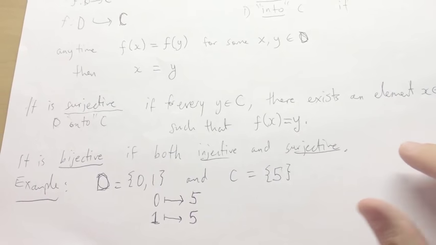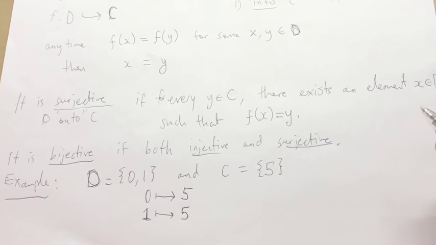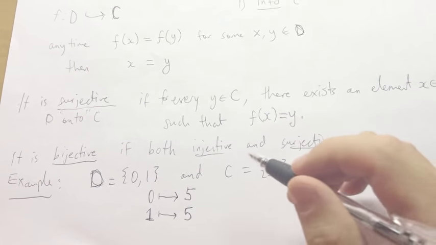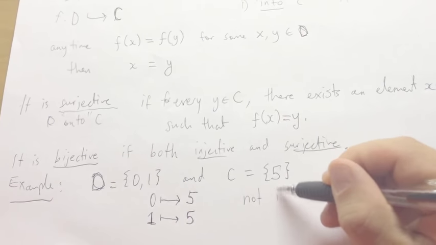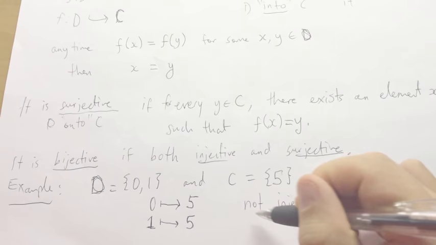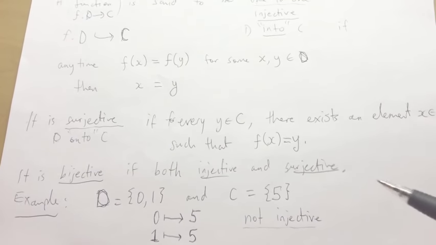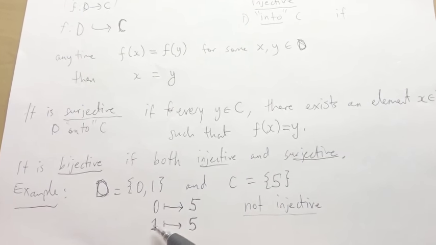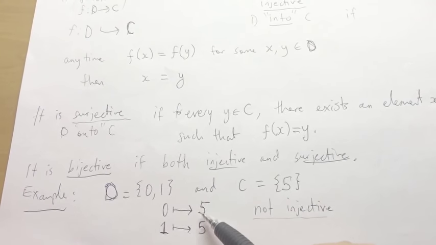Okay, so this is an example of a function. It is not injective, so it does not satisfy the first condition because there's two inputs that both go to the same output.